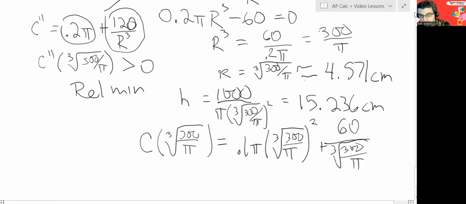And then if we, again, dump that into Desmos or a graphing calculator, you would round to the nearest cent because you're dealing with money, and it is $19.69 for that one.